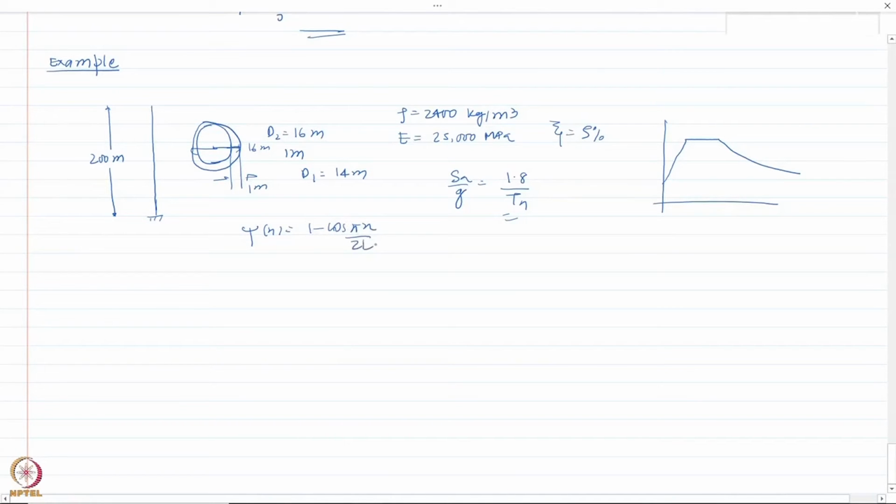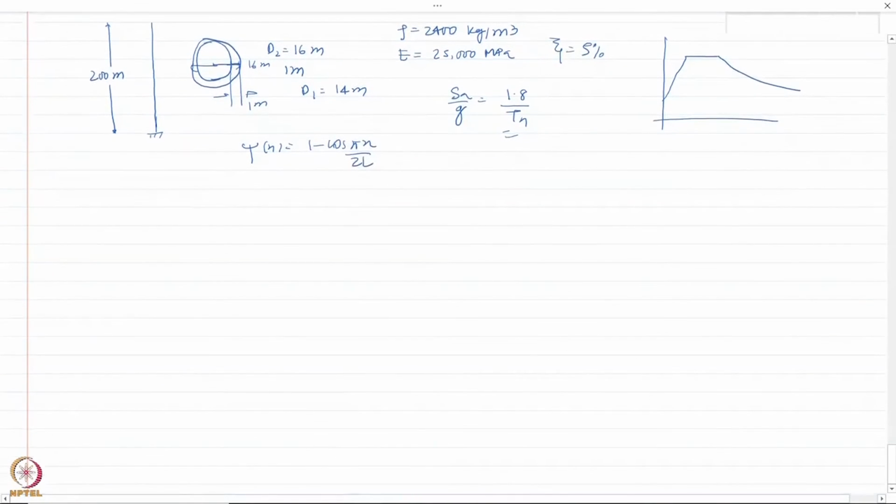And if you remember from the last class, if you assume this to be the shape function, the expression for the frequency was coming out to be 3.66 divided by the total length, times the square root of EI divided by the mass per unit length. So at this point of time, pause it and take 10-15 minutes to solve this problem.